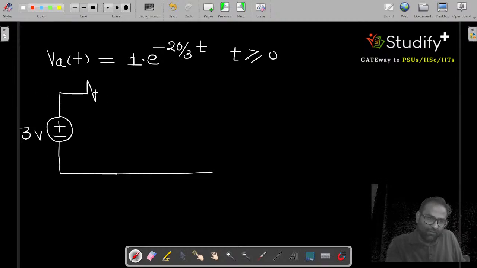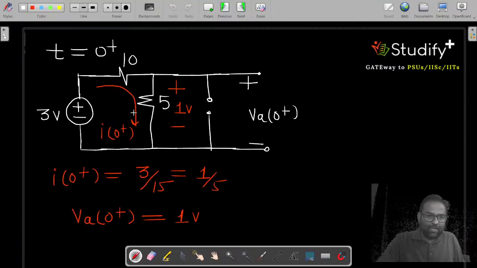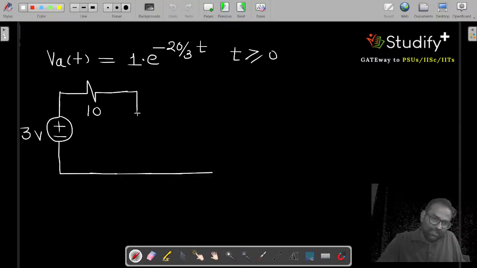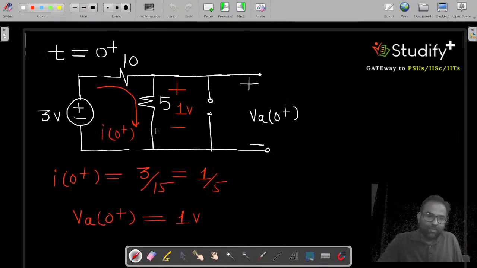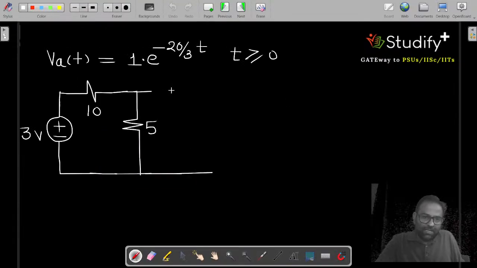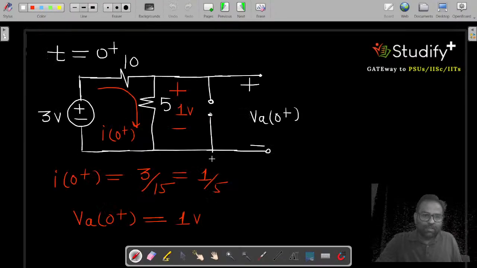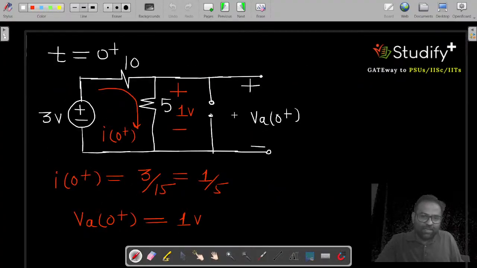Then you are having one resistance of 10 ohm. Then we are having one 5 ohm resistance. And then we are having one inductor. The value of inductor is half Henry.